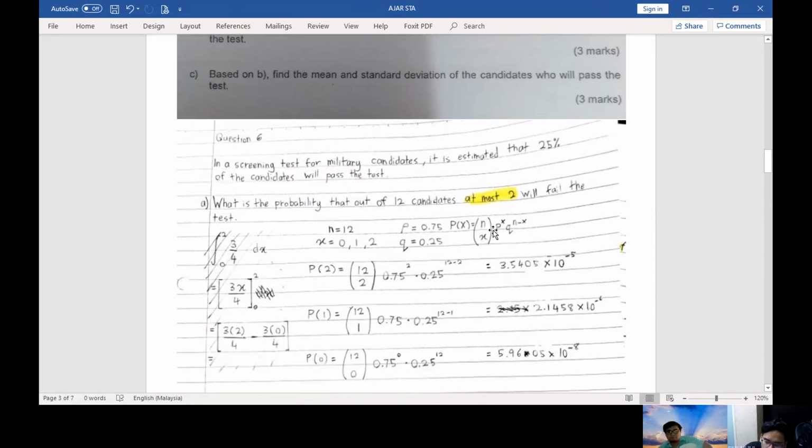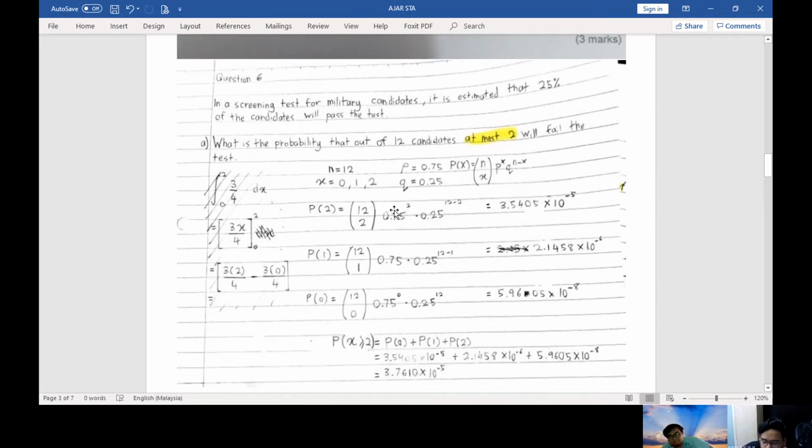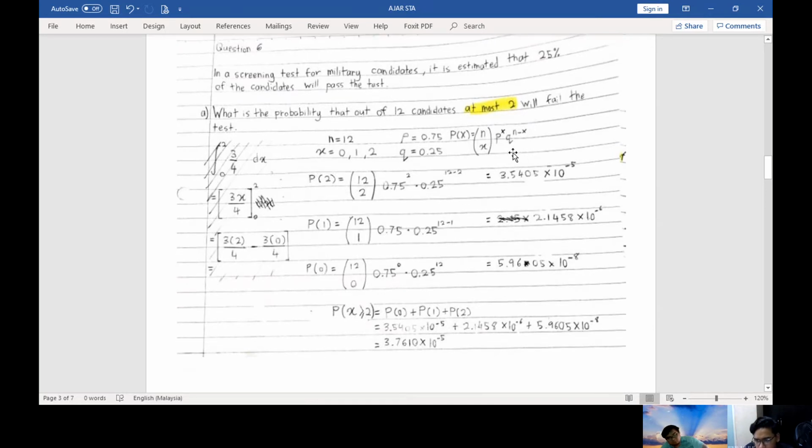So this is the formula we use. P(x) equal to nCx, p^x, q^(n minus x). So to find probability 2, we put the variables. So n is 12, x is 2, and this is p power by x, and you just put all the variables into this, and you will get the probability for 2.